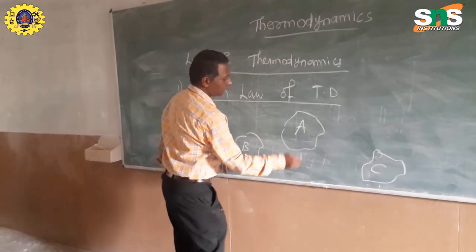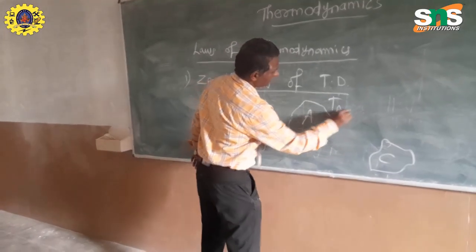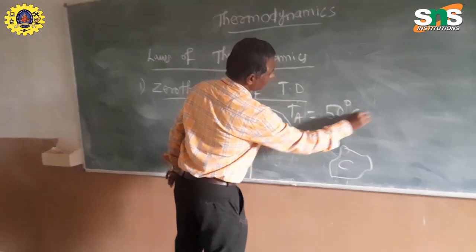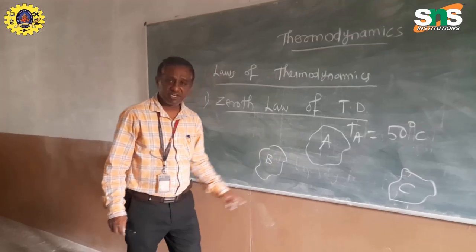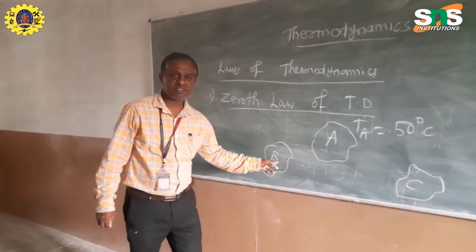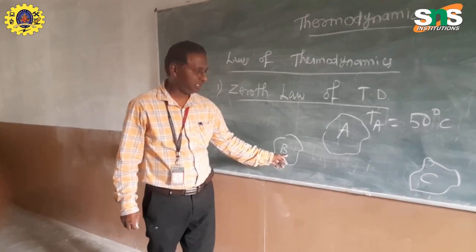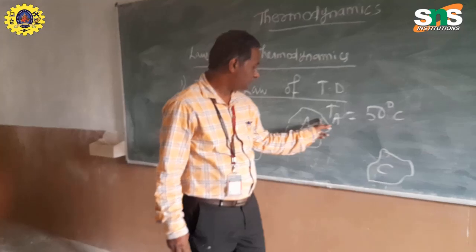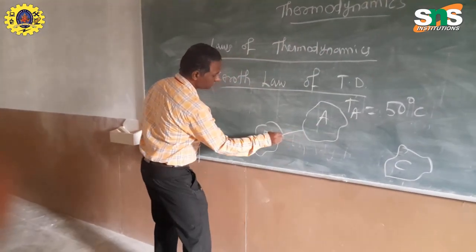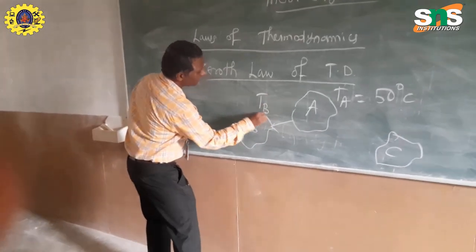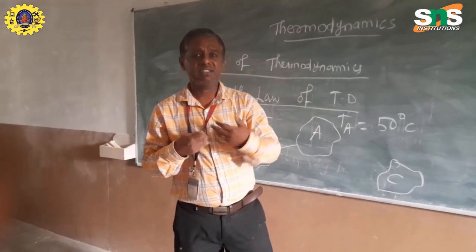Now let's take that system A has a temperature of 50 degrees Celsius. I am telling that system A is in thermal equilibrium with B, as well as in thermal equilibrium with C. Thermal means temperature we have to concentrate on, so the temperatures are equal.